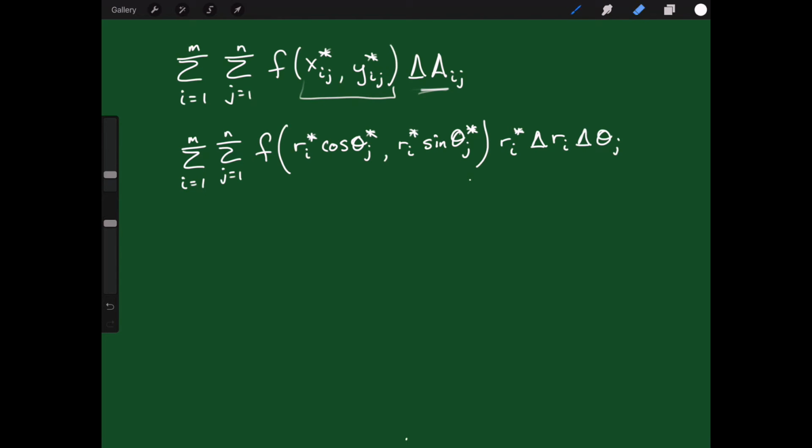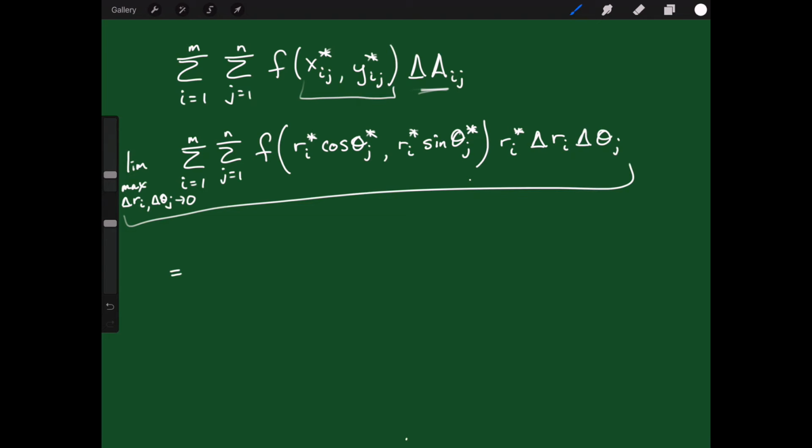Now what we want to do is take the limit as the max between the delta r sub i's and the delta theta sub j's goes to 0 of this thing. Okay? So if we take that limit, what we end up with is a double integral.